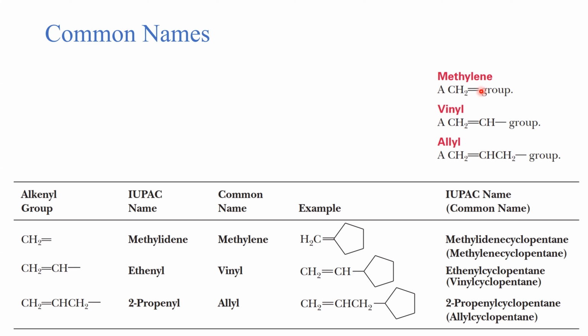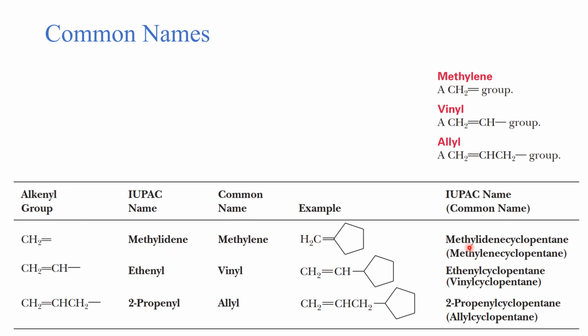Where this methylene with the double bond is attached, we will mention it in the name. So here the IUPAC prefix we will use is methylidene, and the common name is methylene, right?